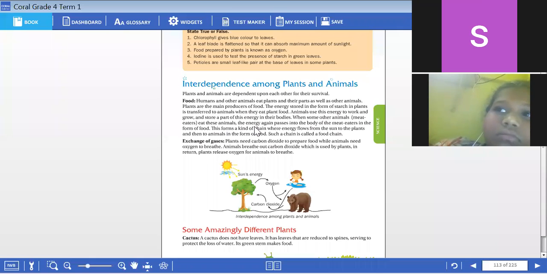Here you can note the point, children, the definition of a food chain. A chain where energy flows from the sun to plants and then to animals in the form of food is called a food chain. I'm just repeating the definition for you once again, children.